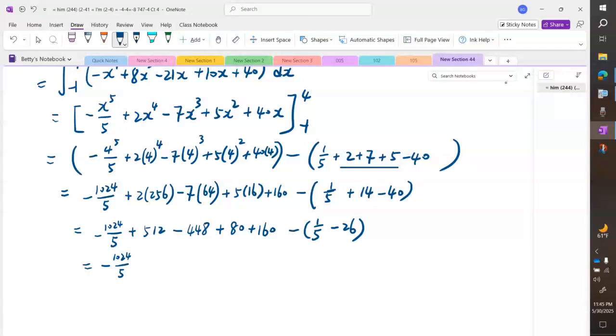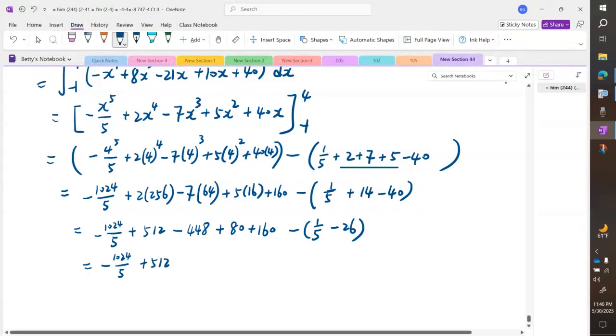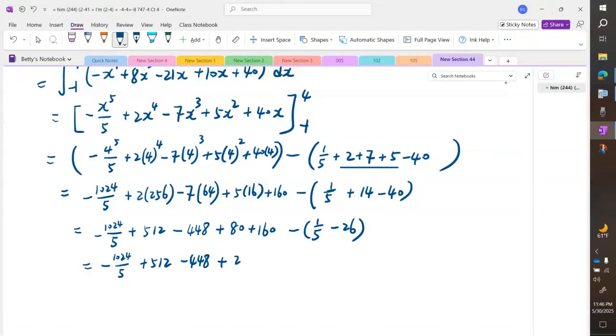I don't really want to, so let's do this. 512 minus 448.